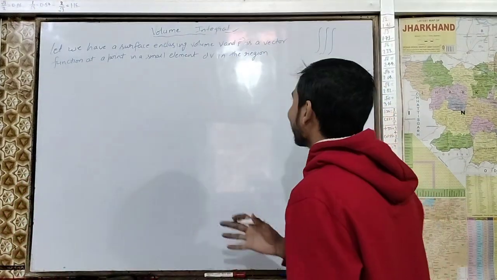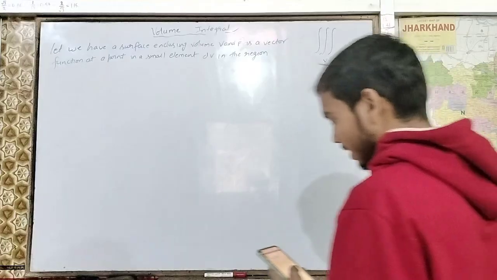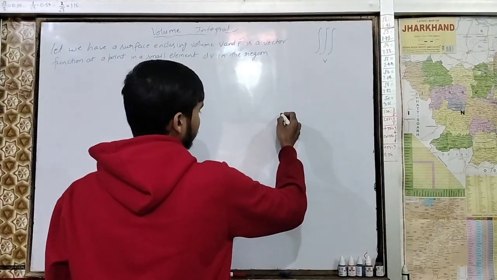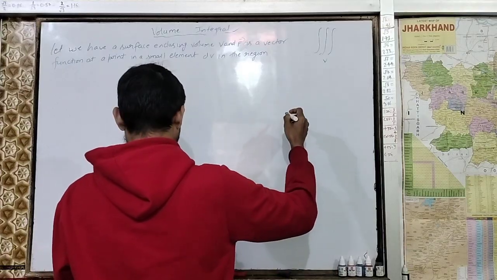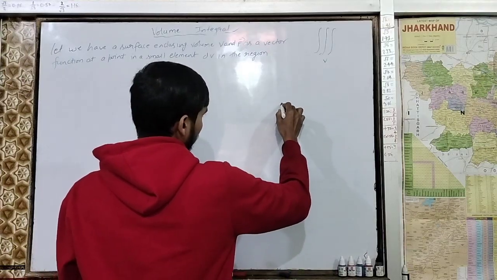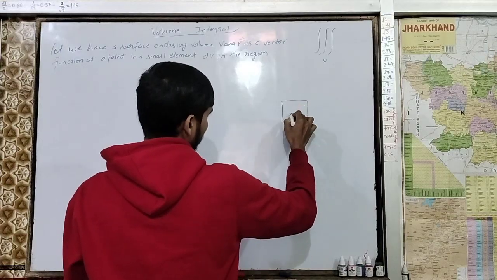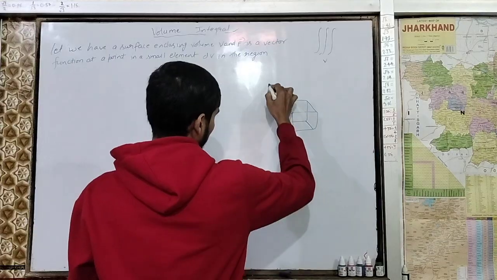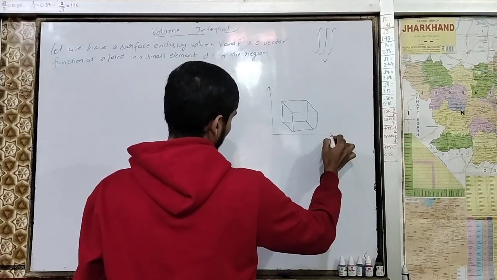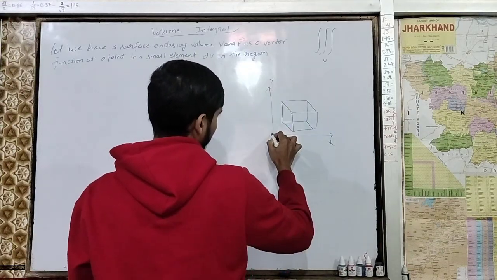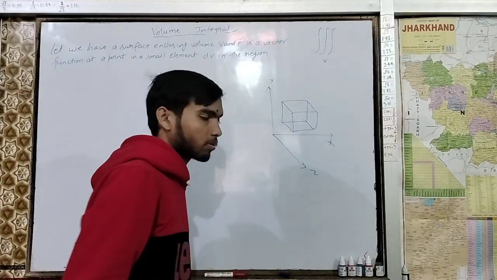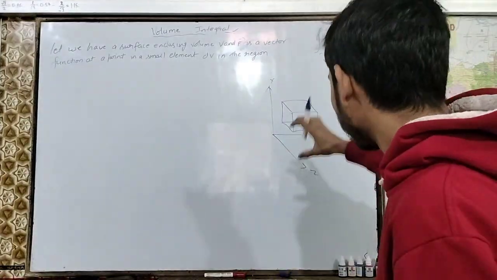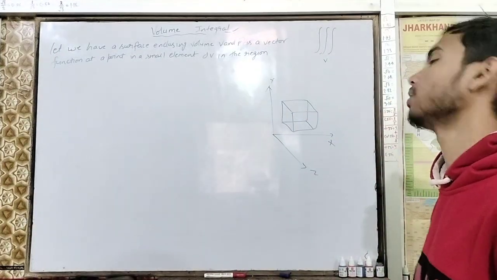I'm talking about area, not region logical. In the region, figure, since we are taking volume, x, y, z, here we are going to take a small volume of this complete volume.